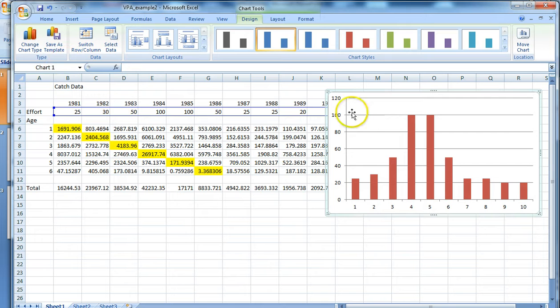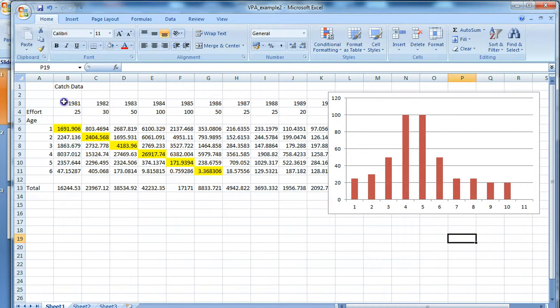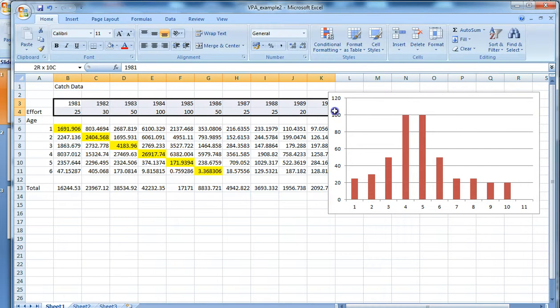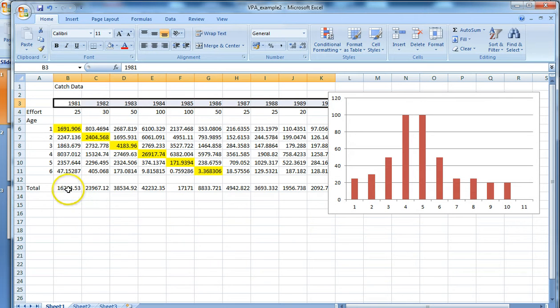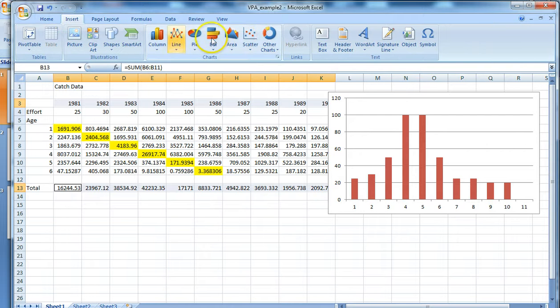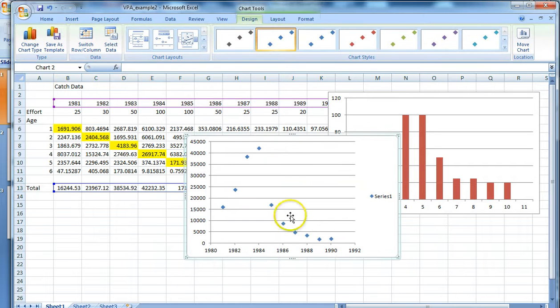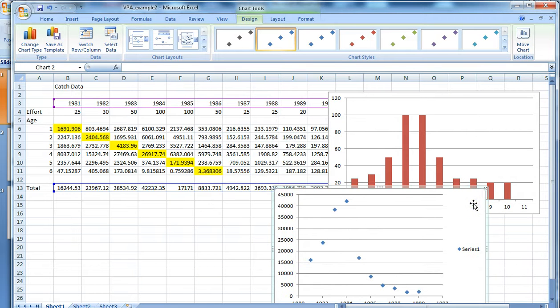We'll do year and total number of fish caught, or units, I can't remember, whatever they are. And now you can see that there's something similar going on there.